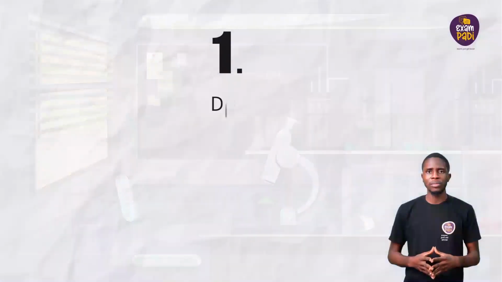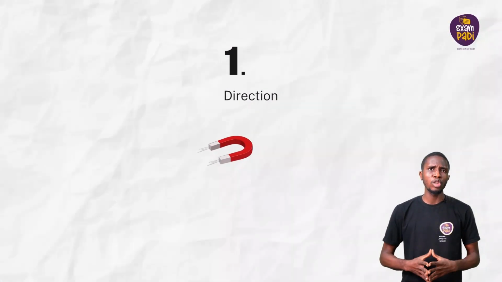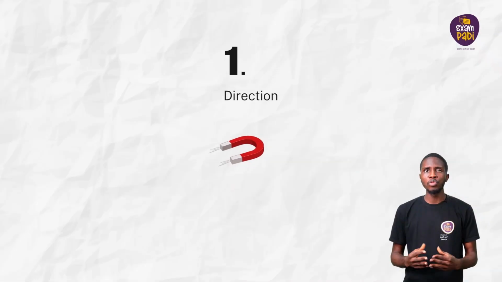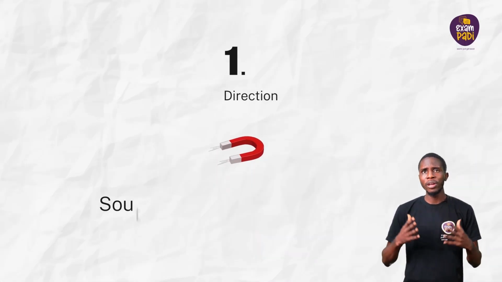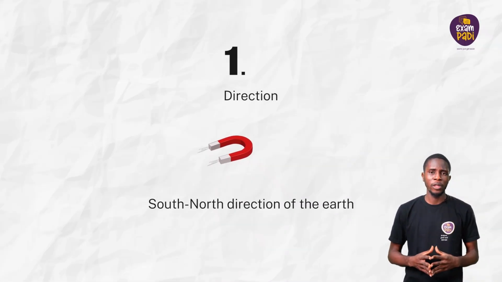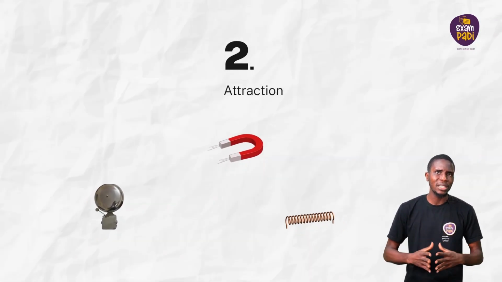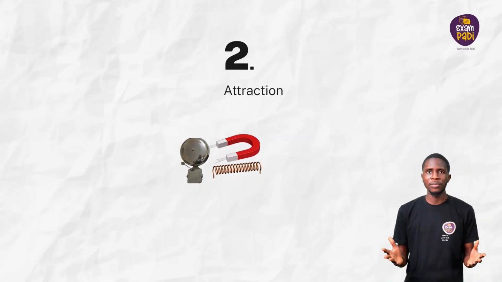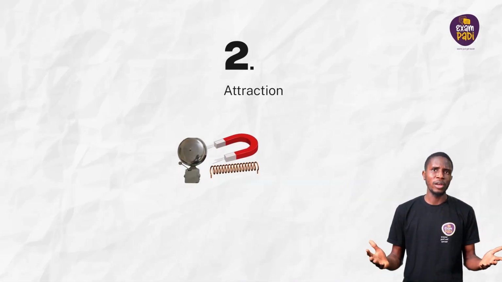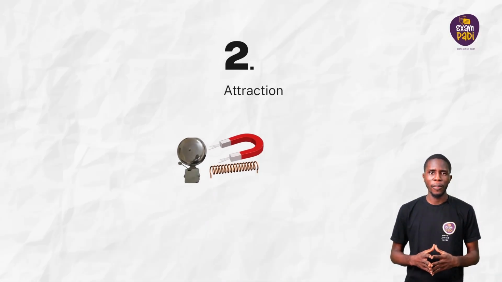Direction. When a magnet is freely suspended, it comes to rest in the south-north direction of the Earth. 2. Attraction. A magnet has the ability to attract magnetic materials, e.g., steel, iron, and so on.